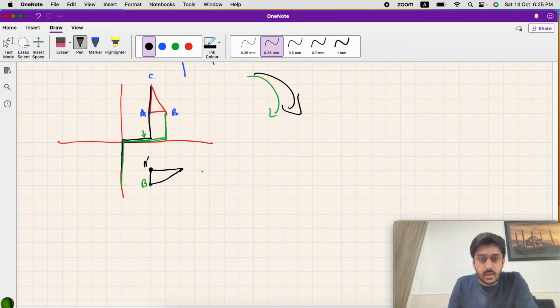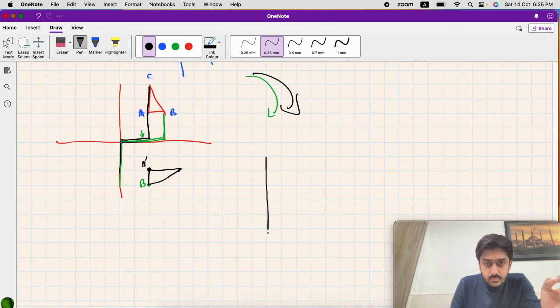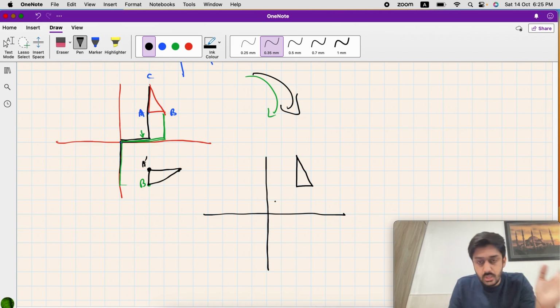So having said that, just give it a shot, practice 2 to 3 times and you'll be good to go. Now see, without drawing the lines, I can see this is 2, 2. So I'm counting 2, 2, first point. Now for this second point, 3, 2. For this third point, 2, 4.